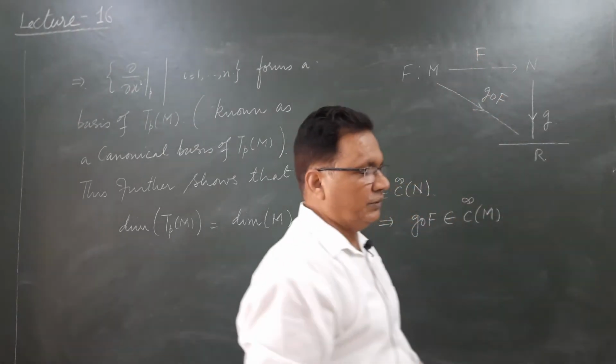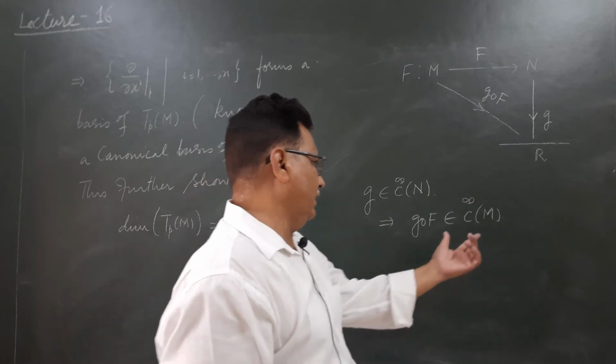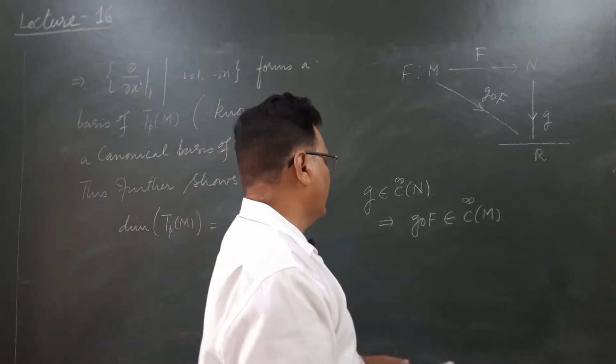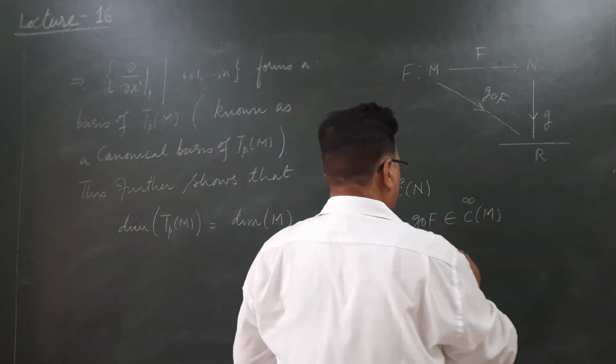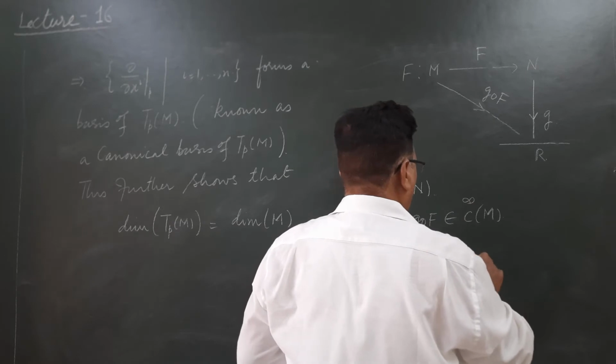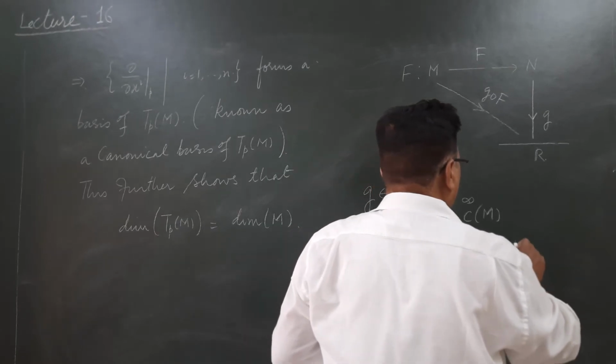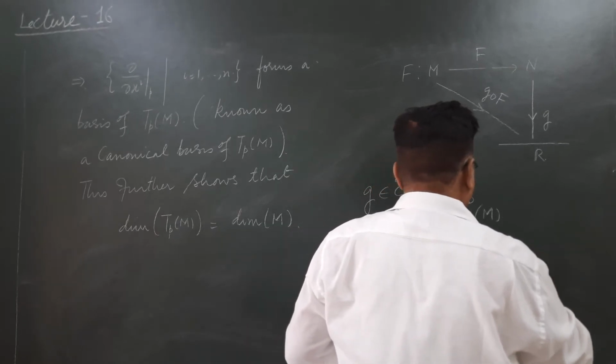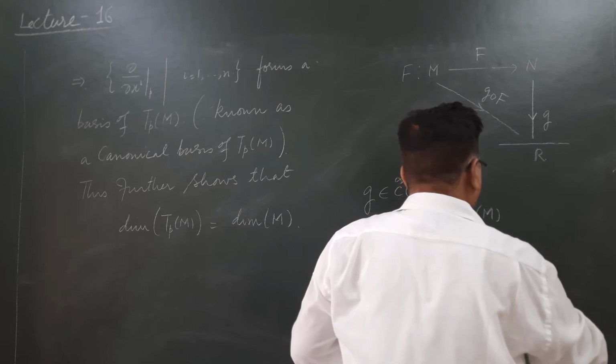So you get an element in C infinity of M. Now this g composition F I will call F star g.